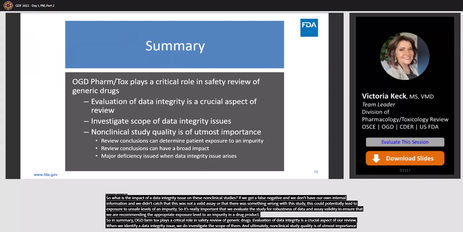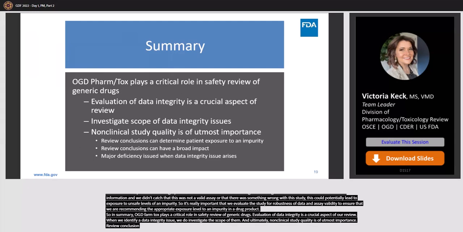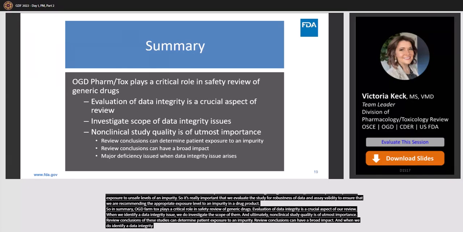Review conclusions of these studies can determine patient exposure to an impurity. Review conclusions can have a broad impact. And when we do identify a data integrity issue and we cannot accept a study, this will result in a major deficiency issued to DMF holders and ANDA applicants.